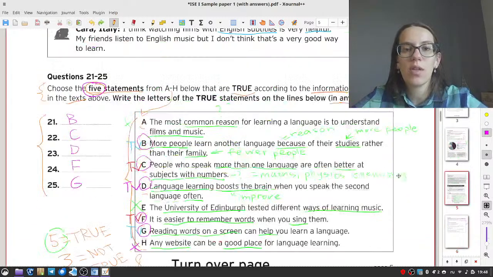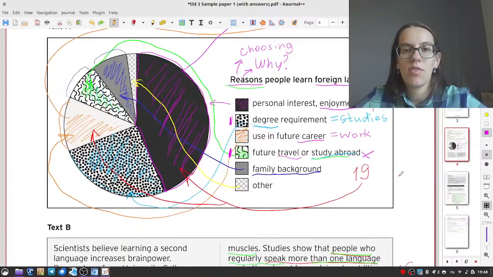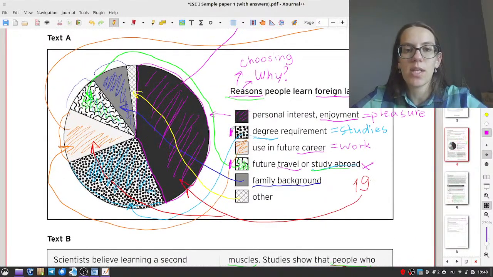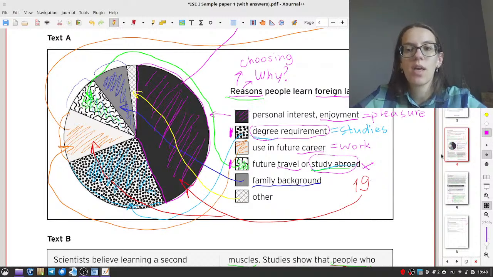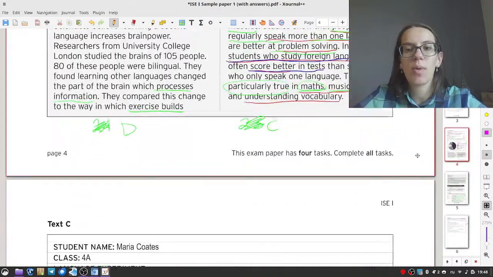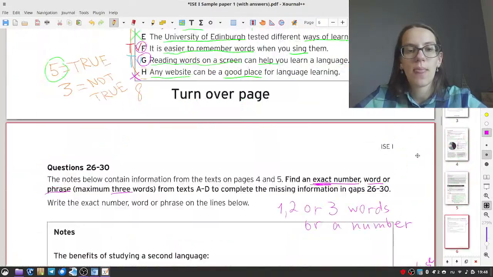What was the other one then? The first one was degree requirement here. Can we use this word here? So from degree requirement and study abroad, that's our only options. Yeah, we can't change words. We have to take words from the text.